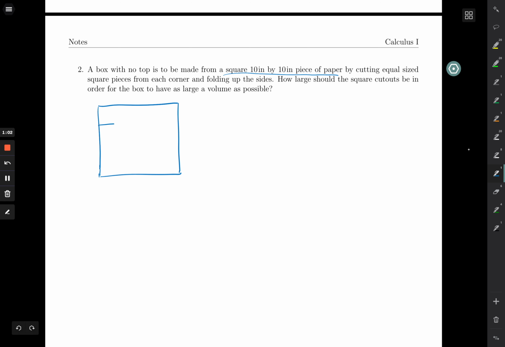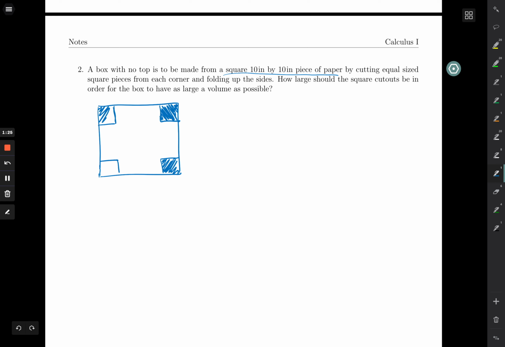So we want equal size squares cut out from each of the corners, like so. So we would take our scissors and we would cut off each of the corners. So the shaded part would be gone.